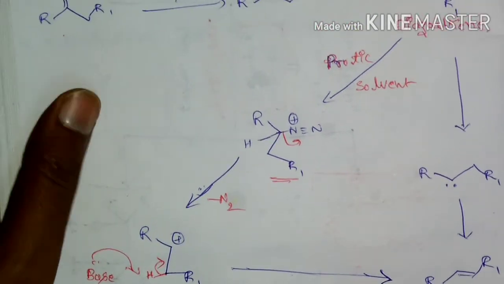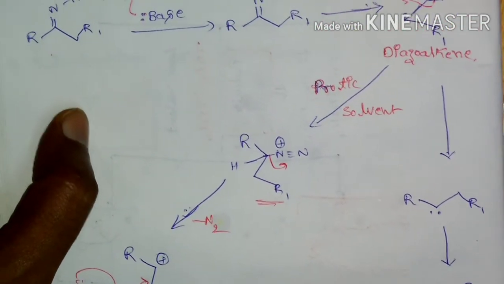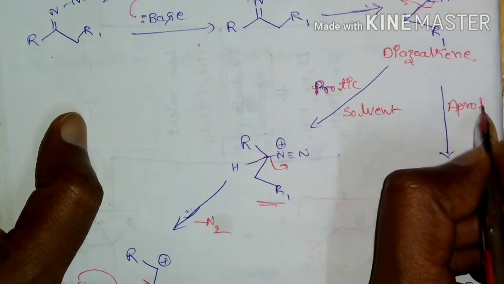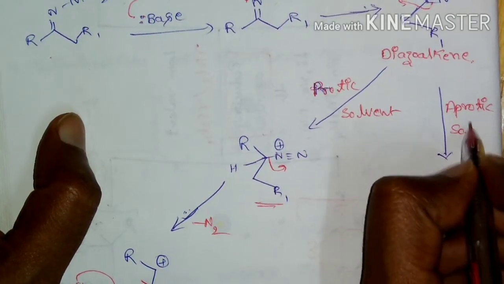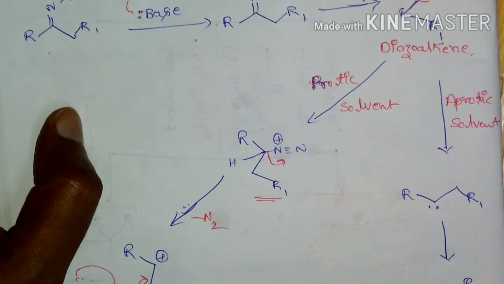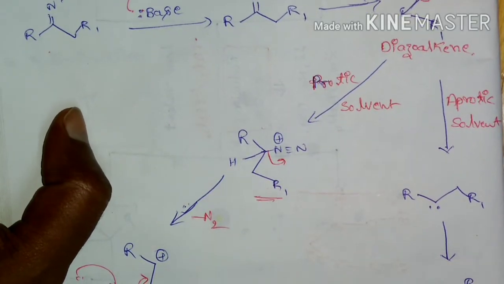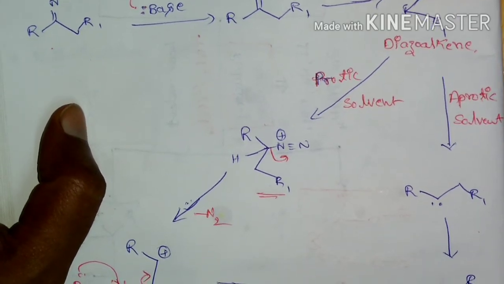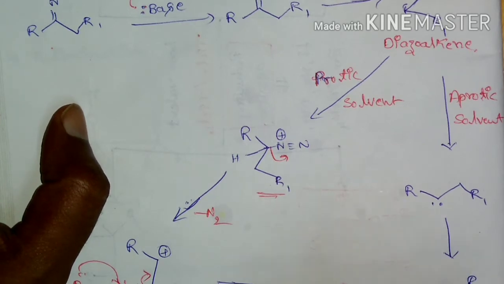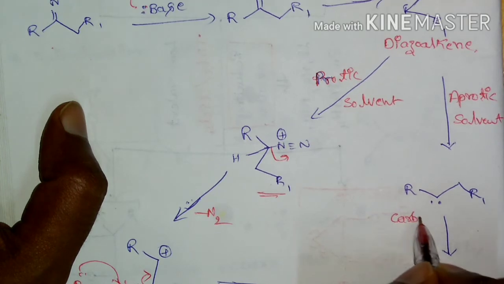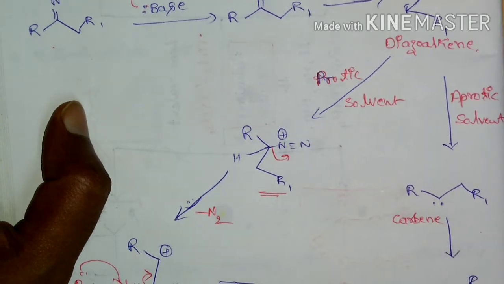So what happens if we change the solvent to an aprotic solvent? An aprotic solvent means a solvent which will not give protons. For example, if you take DMF, a polar aprotic solvent, then it leads to the formation of a carbene intermediate. This is important.